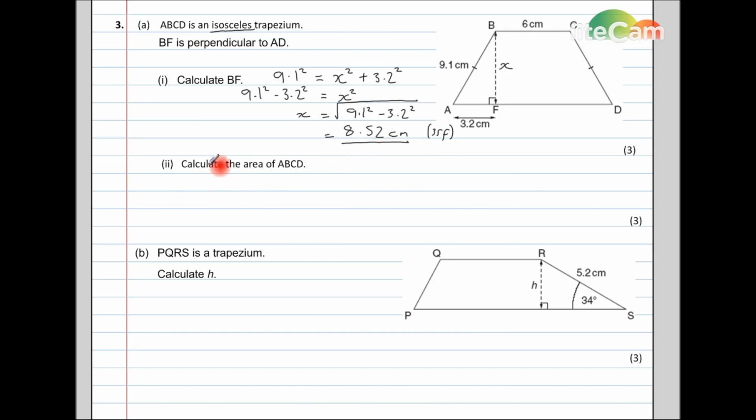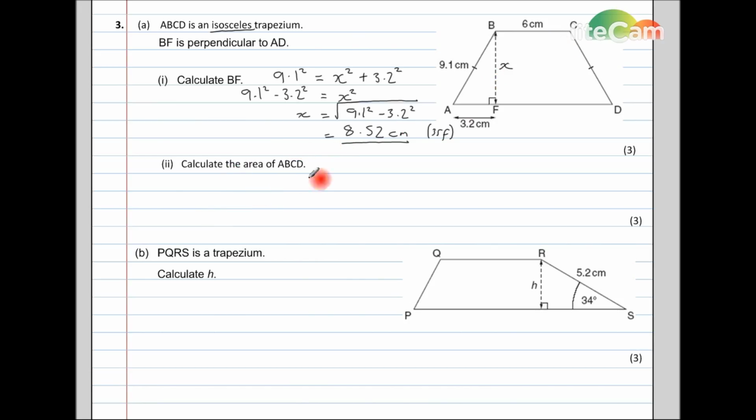Okay, part 2 says calculate the area of ABCD. Well, we know this is a trapezium. We know this base, well, we can work out this base. We know the height, and we know the short side up here.